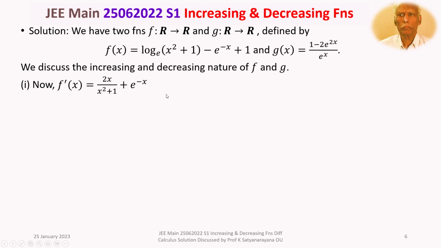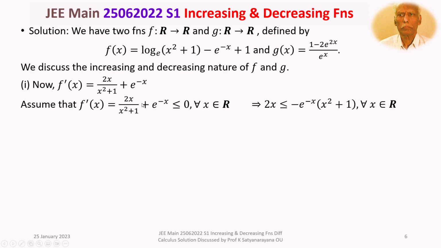That's what we want. So let us assume that f prime x, which is 2x by x square plus 1 plus e power minus x, is less than or equal to 0 for all x belongs to R. This means 2x by x square plus 1 is less than or equal to minus e power minus x.